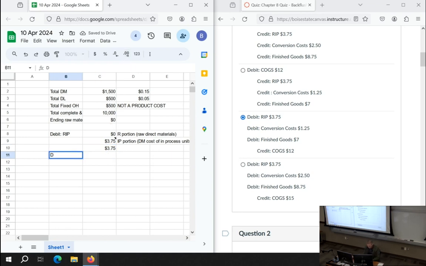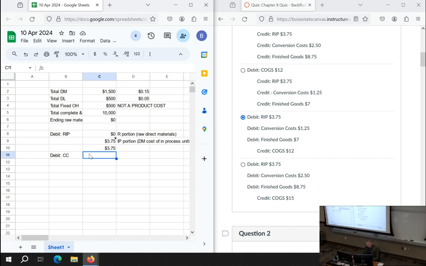And then our debit to conversion costs. Remember, a lean accounting firm is going to try to separate out the inventory accounts differently, not direct materials, WIP, finished goods. It's going to take RIP to be direct materials that are raw and in process, and then conversion costs, which are the conversion costs incurred for in-process units, and then finished goods stays the same.